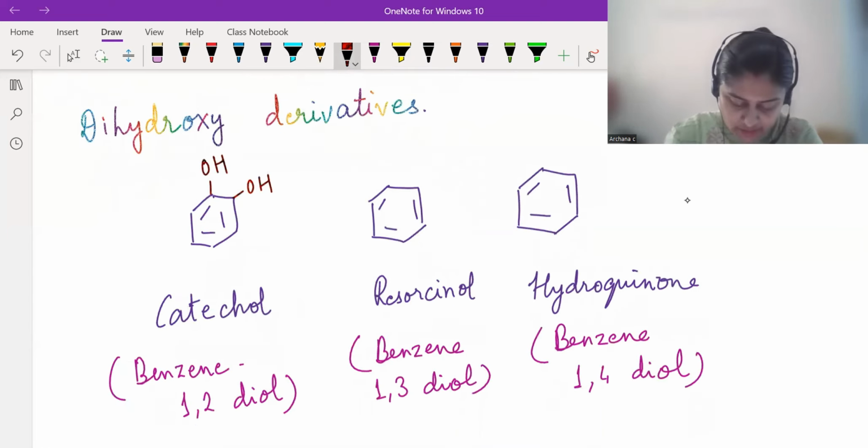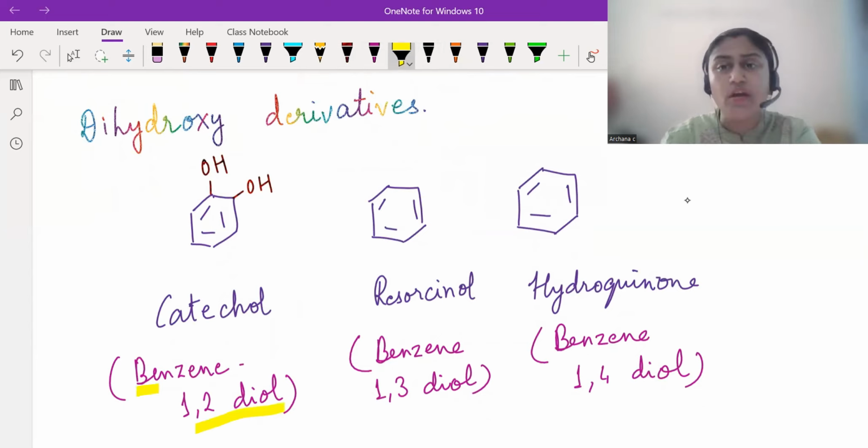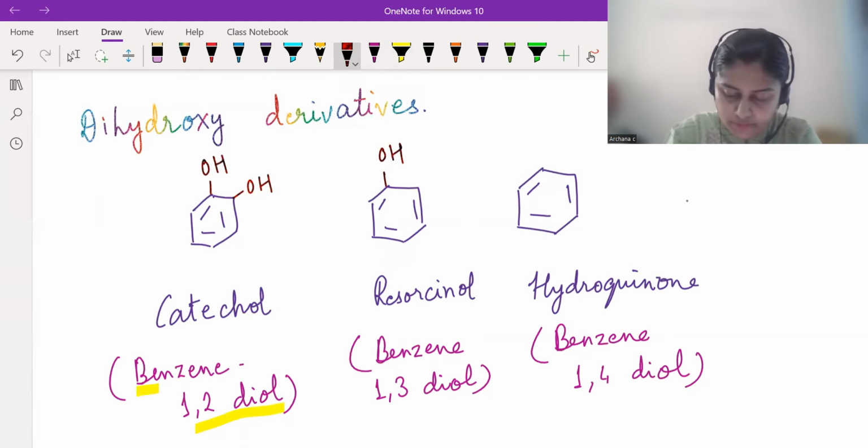So catechol is actually benzene 1,2-diol. Similarly, resorcinol has one OH group attached at one position and another OH group attached at third position, that is meta position. So this is known as ortho position, this is known as meta position, and this is known as para position.